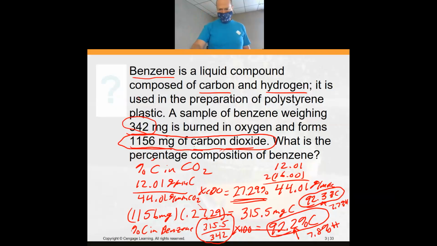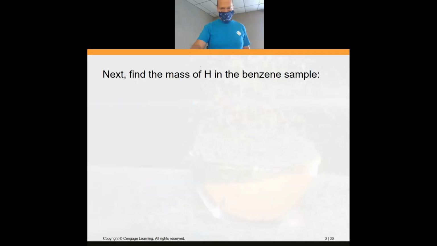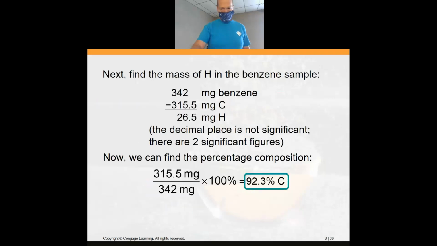Let's see if they get 92.2 or 92.3. 92.3. All right, so they clear out their calculator. And so again, if you plug this into the calculator, you get 92.3. If you do not clear your calculator, you would get 92.2. But either answer is 100% correct. The error is in that last digit.